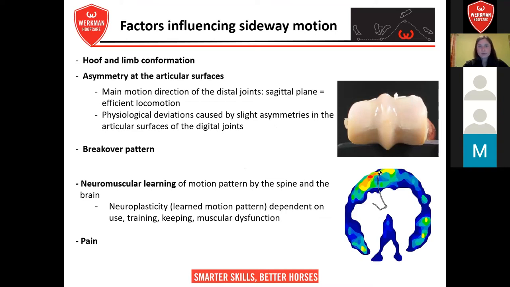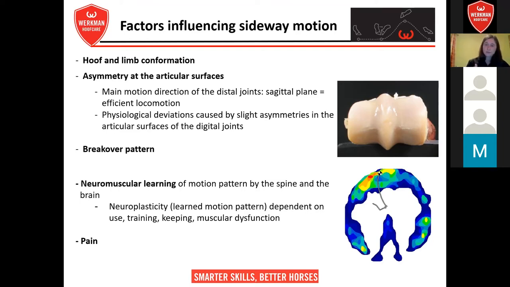Of course, it's the hoof and limb conformation, as we saw in the first case, but also the asymmetry in the articular surfaces. We said it already in lecture 2, breakover, that we have slight asymmetries in the digital joints, for example. So we have a bigger and a smaller surface between, for example, medial and lateral.